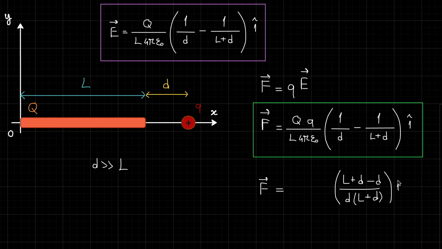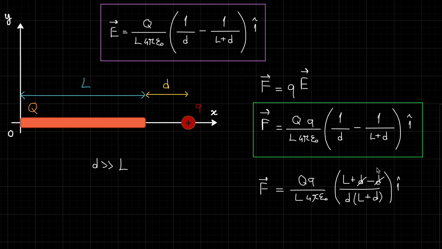We have an i hat right here, and outside we have capital Q, lowercase q, divided by L times 4 pi epsilon 0. This can simplify even further. Take a look at the numerator in parentheses.